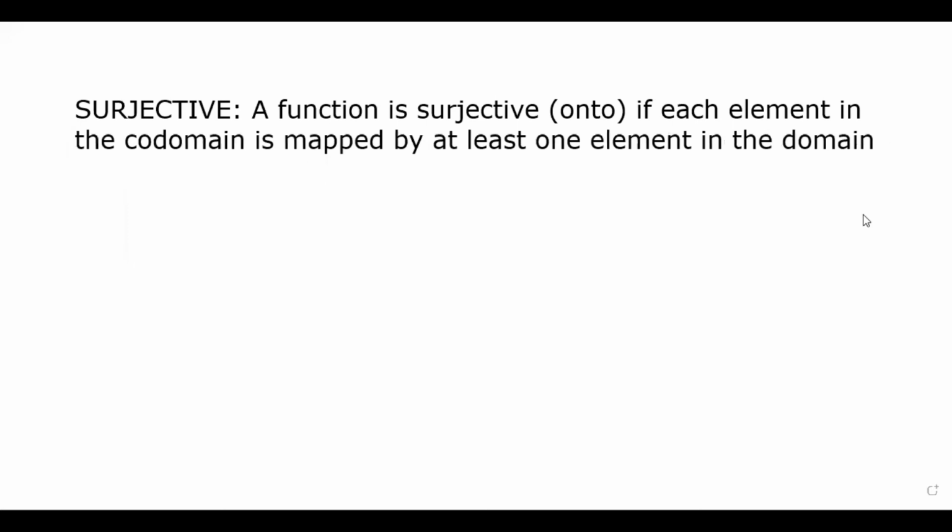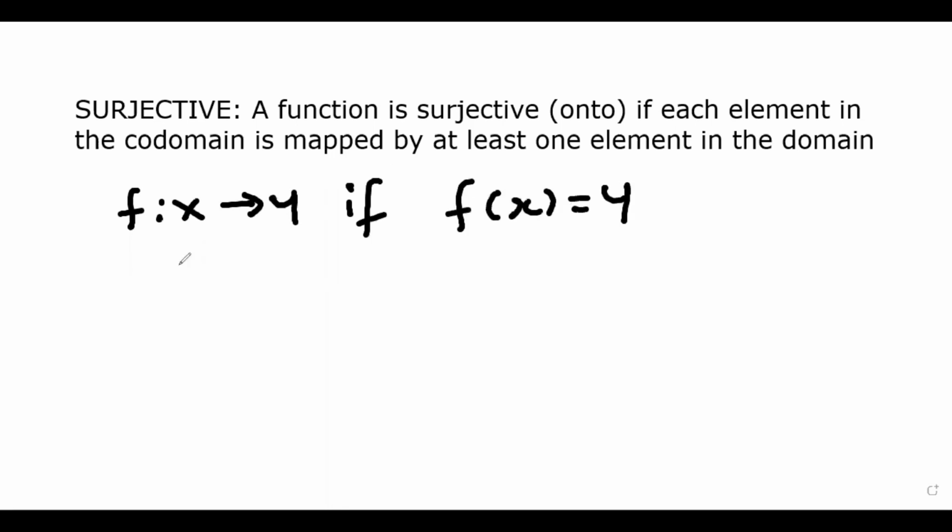So the next thing we're going to look at is surjective. A function is surjective, which is onto, if each element in the codomain is mapped by at least one element in the domain. That's saying that if f of x equals y, your range is equal to your codomain.